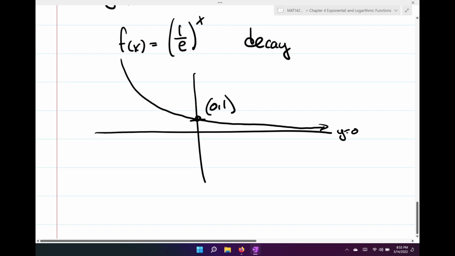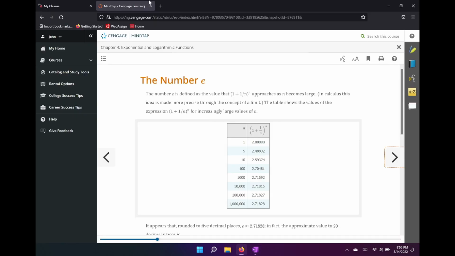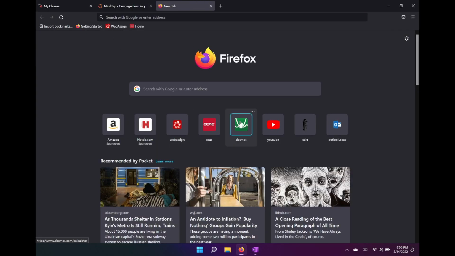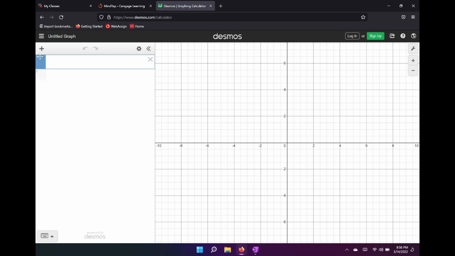Now, in the next video, we're going to start talking about logarithmic functions. And logarithmic functions are the inverse functions of e to the x. In fact, let me open this up real quick. Just to show you, this is like our little introduction. We have the line y equals x.